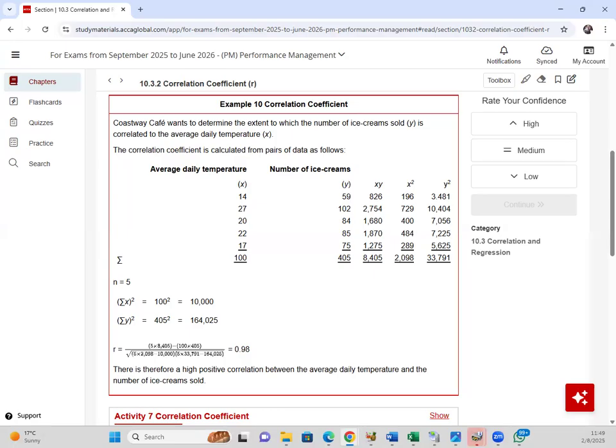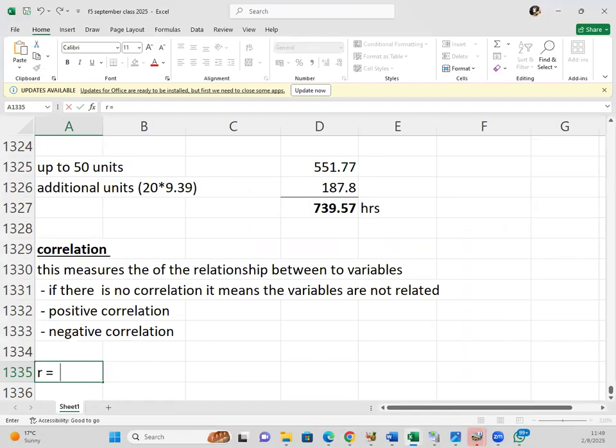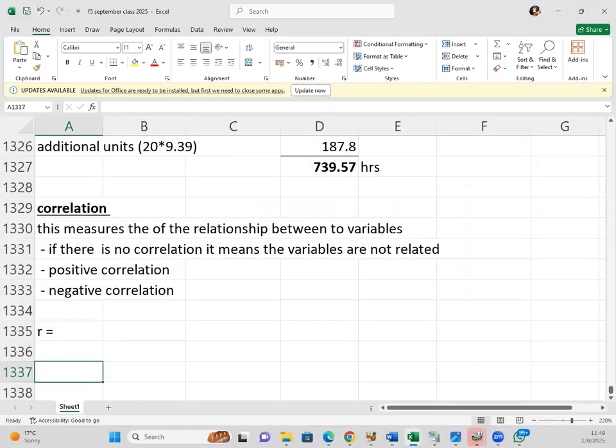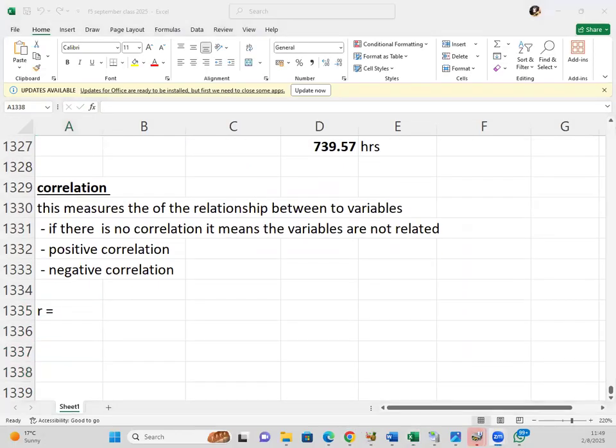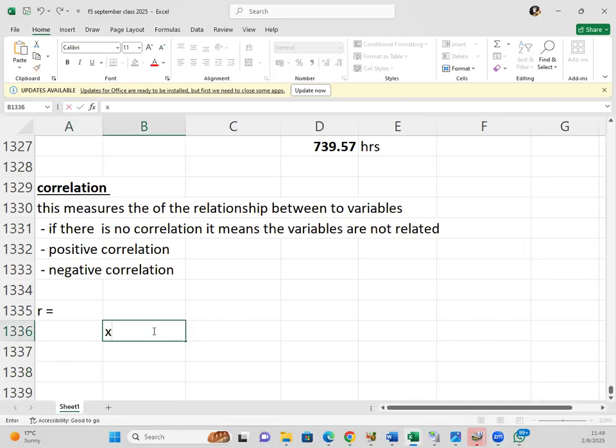There's 14, 27, 20, 22, 17. So let's go and put that on our Excel. We'll be given the X variable and the Y variable. So we have X and we have Y. There was 14, 27.